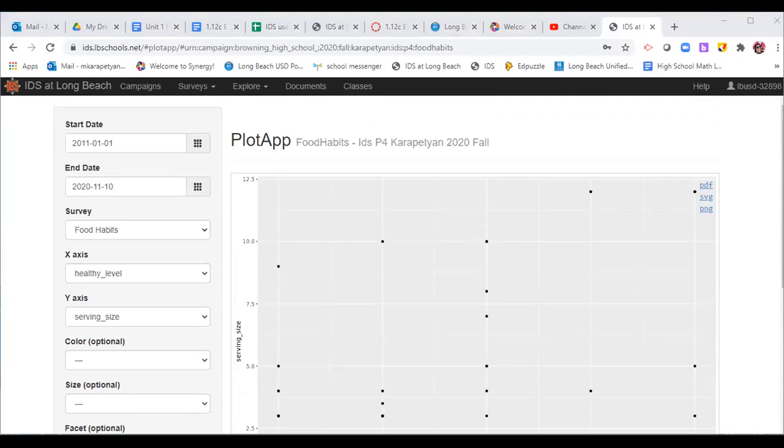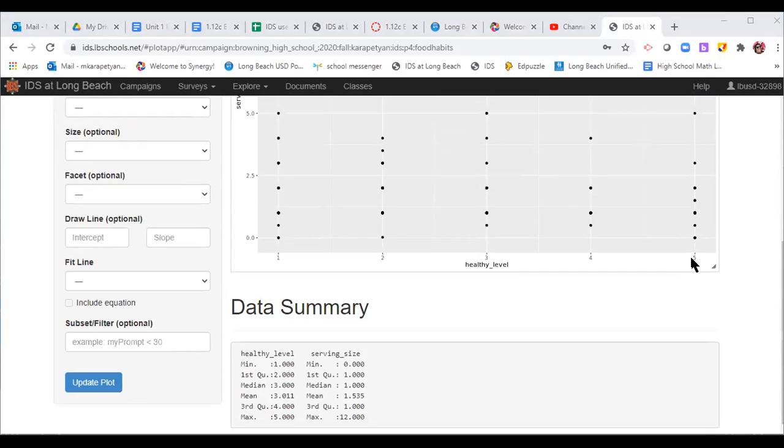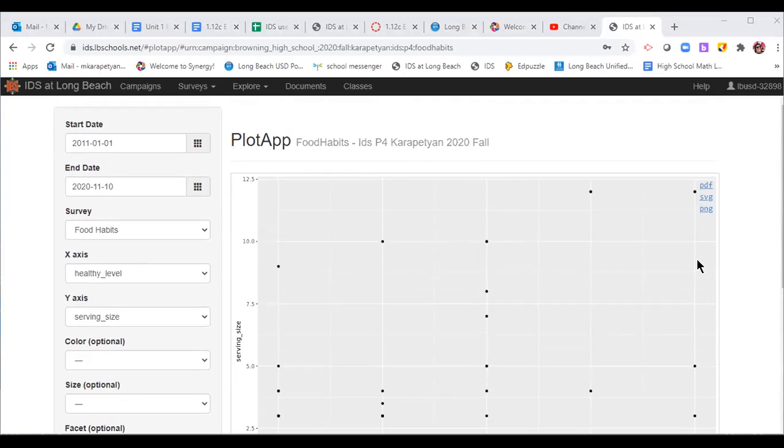So they had quite a bit. Over here, same thing, right? Someone labeled it as a 5, so very healthy snack, but they had like 12 servings of that snack.